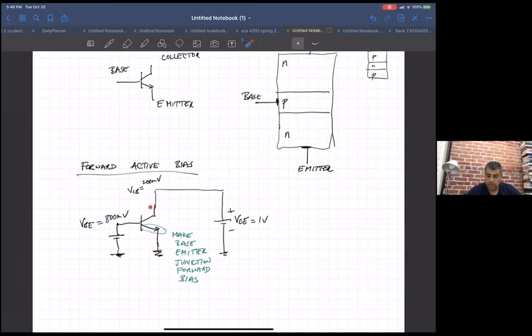It'll put 200 millivolts across that in a reverse bias way. Almost always, you don't put a voltage source between the base and the collector. You put one between the collector and the ground, or where the emitter is.